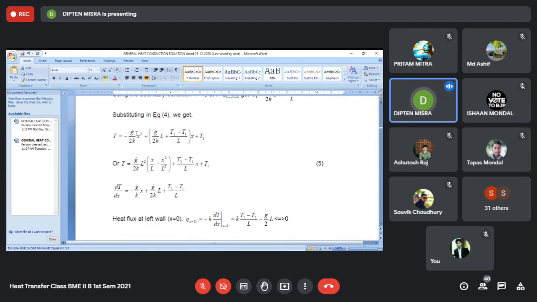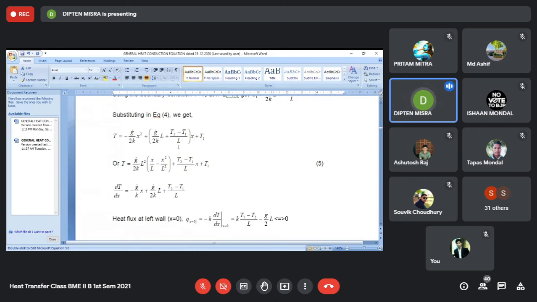But in the case of a heat generation case, there it will be a non-linear equation because the equation is a quadratic one. X square is there. But the moment there is no heat generation, the x square term will go out. So T will become dependent linearly on x.